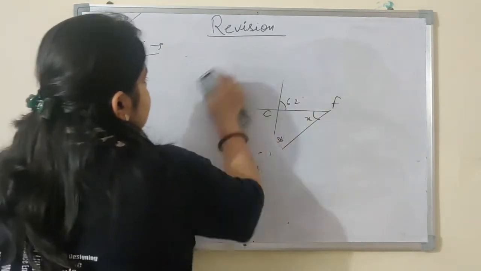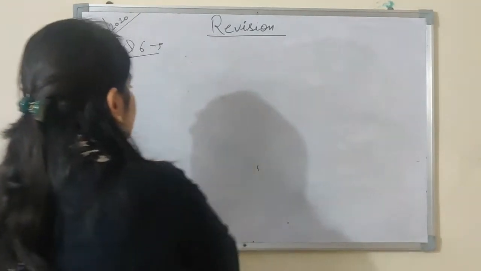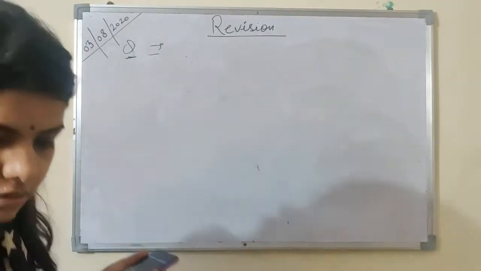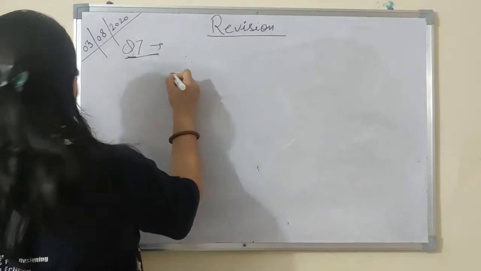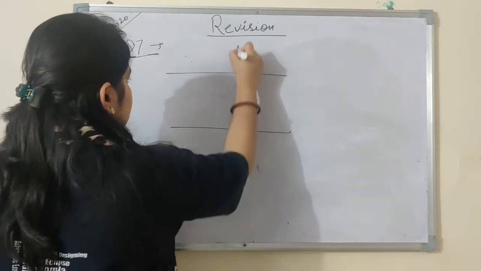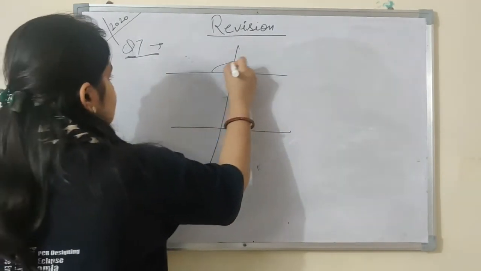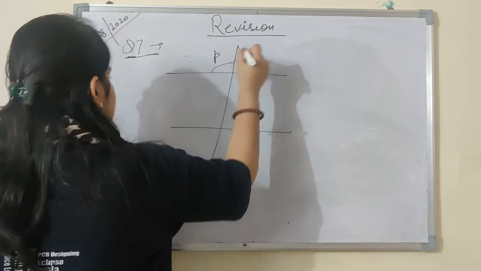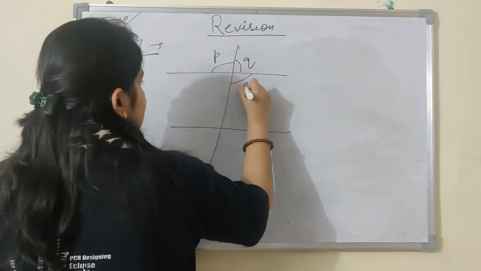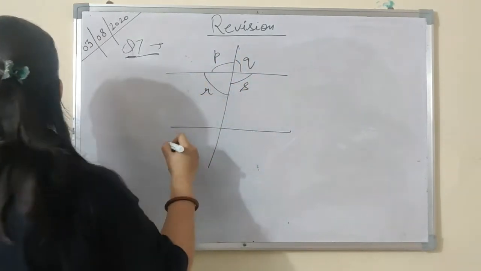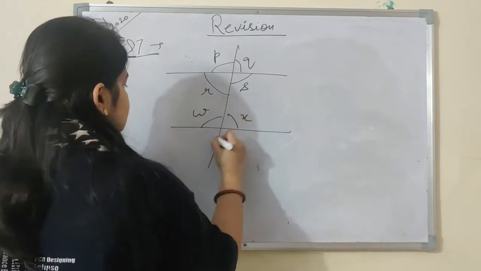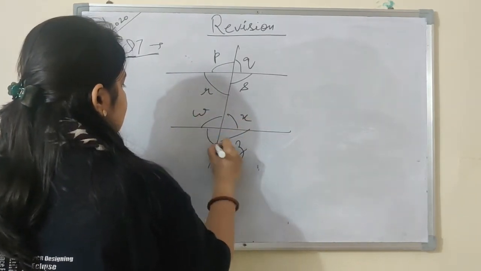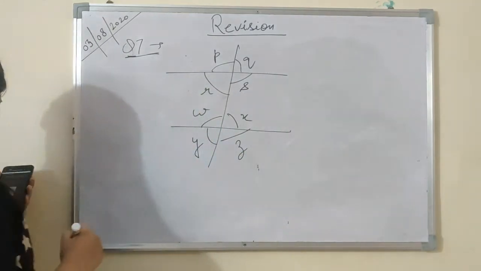Now come to question number 7. Now in question number 7, again the figure is somewhat like this. This is given as P, this is given as Q, this is given as S, this is given as R, this is given as W, this is given as X, this is given as Z, and this is given as Y. Now what we have to tell?